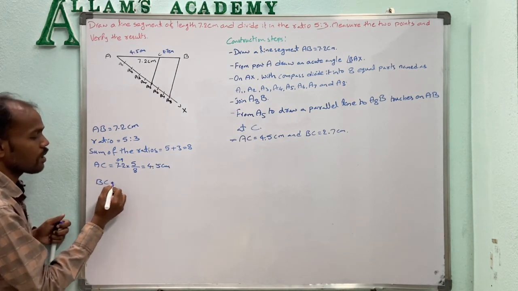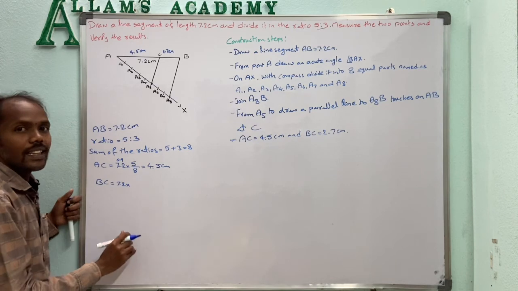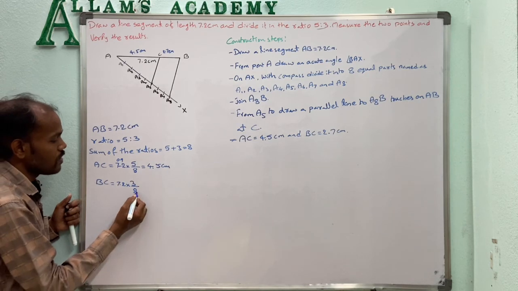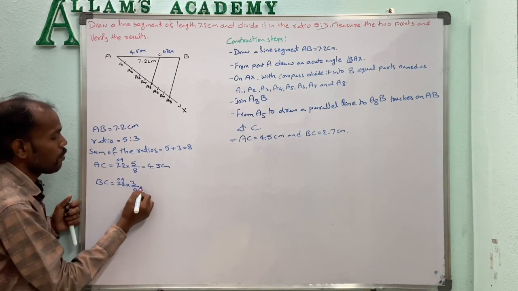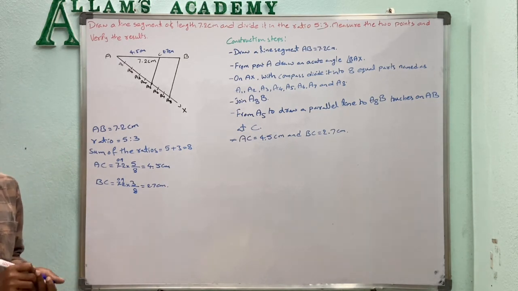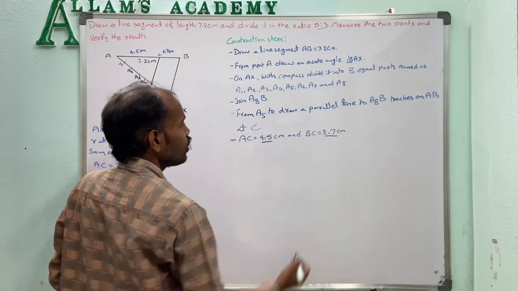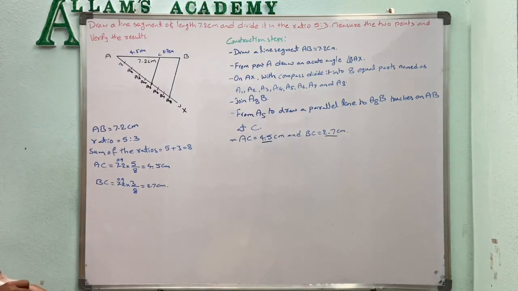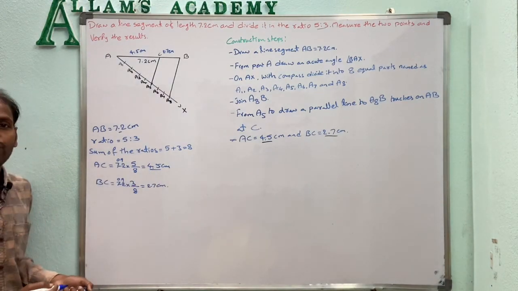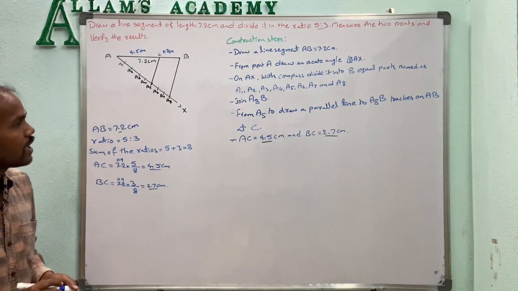Next, BC is 3 parts of the total 8 parts, so 0.9 into 3 is 2.7 centimeters. So here also we get the same measurements, 4.5 and 2.7 centimeters. Otherwise, subtracting 4.5 from 7.2 directly gives 2.7 centimeters.